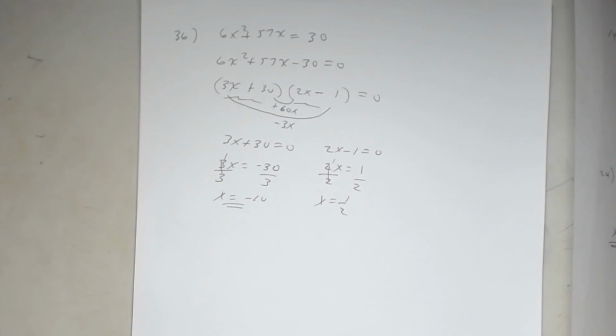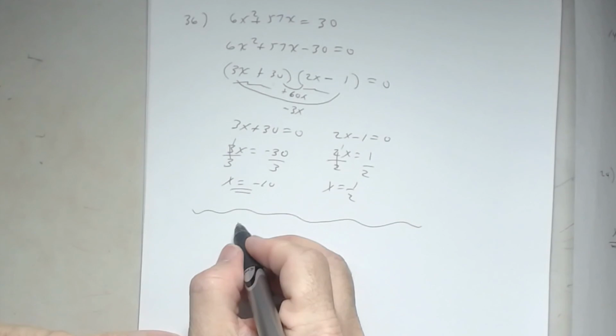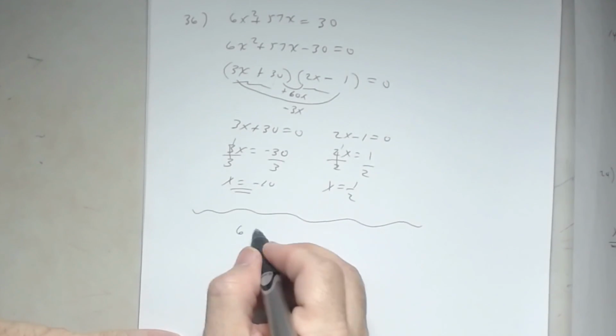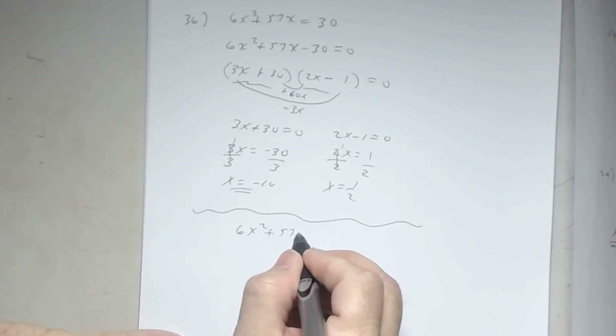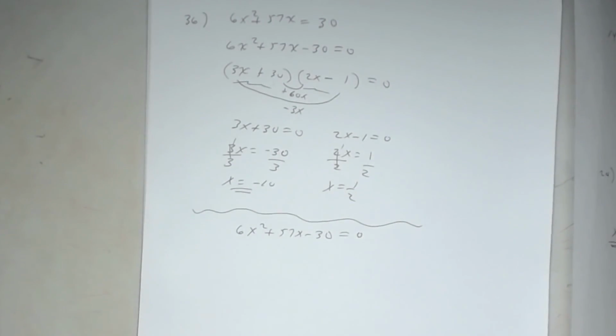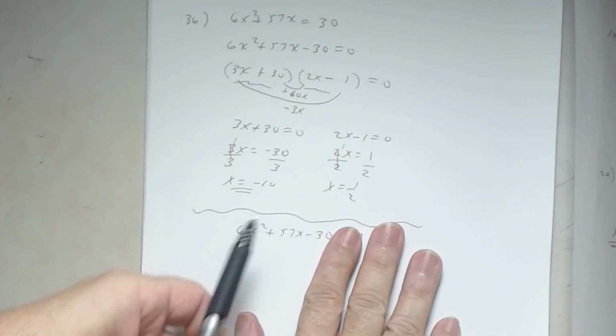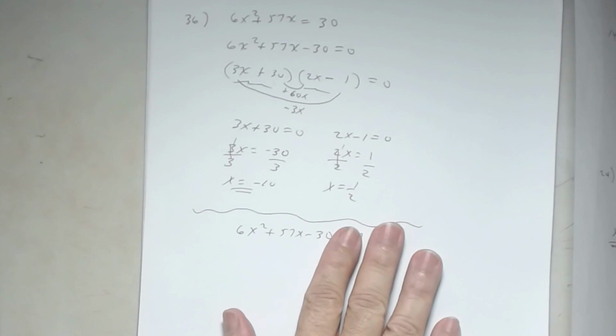Now, if you would have noticed though, if we would have done it the other way. All right, so when factoring, you always want to look for the GCF first, if possible. It does help.